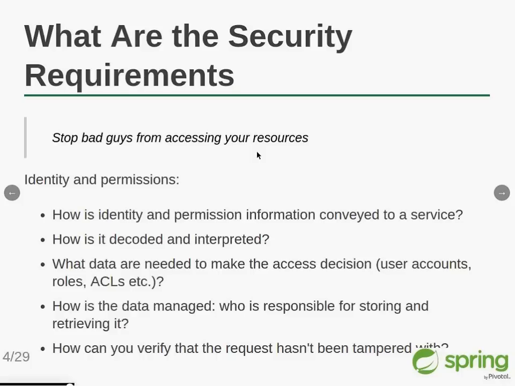Also, in maybe some sort of back end or some business logic somewhere, there's going to be some access decision, and so we need some data to make the access decision. Permission is a loose concept. The data I need might be composed of information that's in user accounts, roles attached to them, ACLs attached to the objects I'm interacting with, a number of other different things.